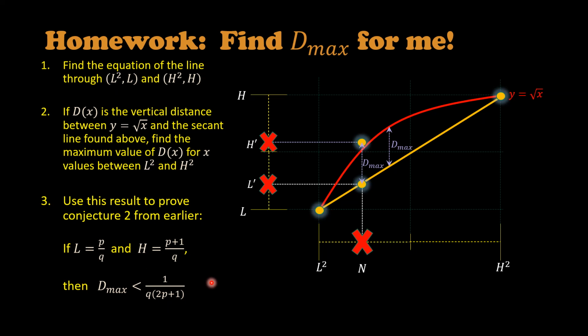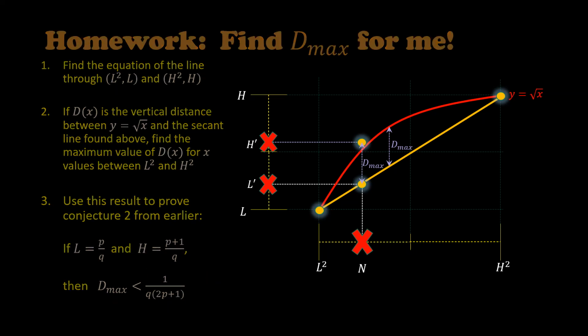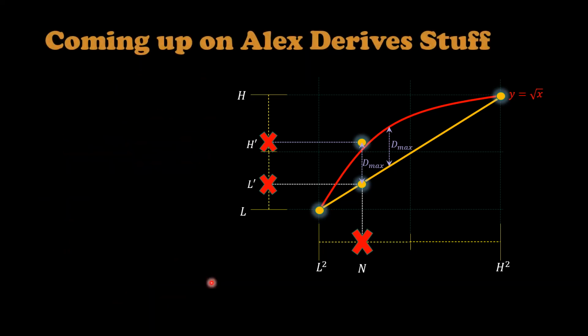And I will post some follow-up videos where I'll use the results from these things. In fact, coming up on Alex Derives stuff, I want to do a deeper dive into how accurate this method is. And it compares favorably.